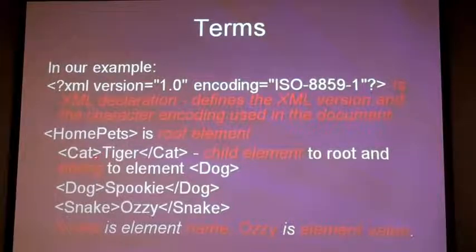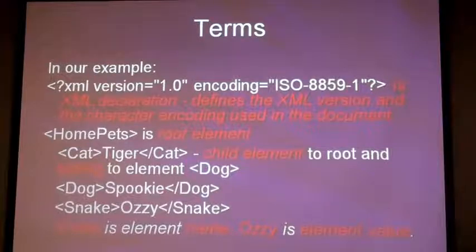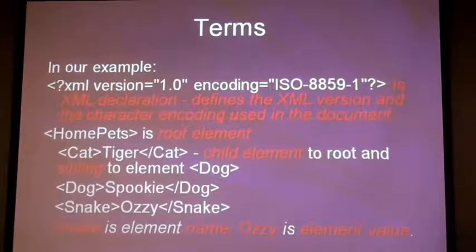So basically, they are included only in home pets. That's why these elements are siblings. Okay, so dog, snake, cat are siblings to each other. For home pets, these elements are children, and from the point of view of these children, home pets is the parent. We also have grandparent, grandchildren. We have that knowledge.